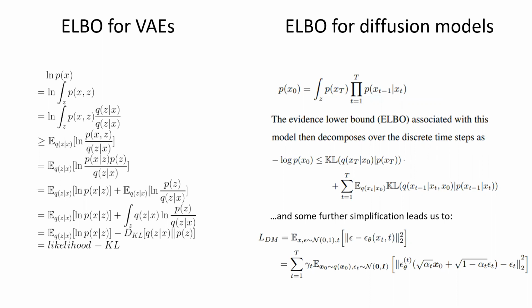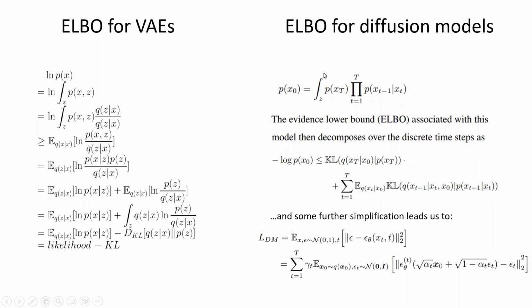Okay, so on the left-hand side, we have our derivation of the evidence lower bound for VAEs. That should look familiar from last lecture. For diffusion on the right, we have the evidence lower bound for diffusion models.